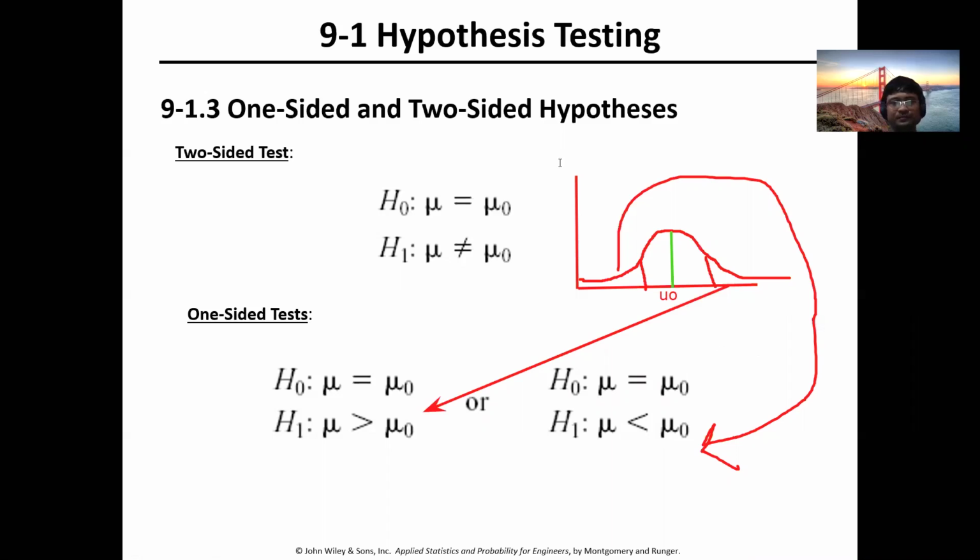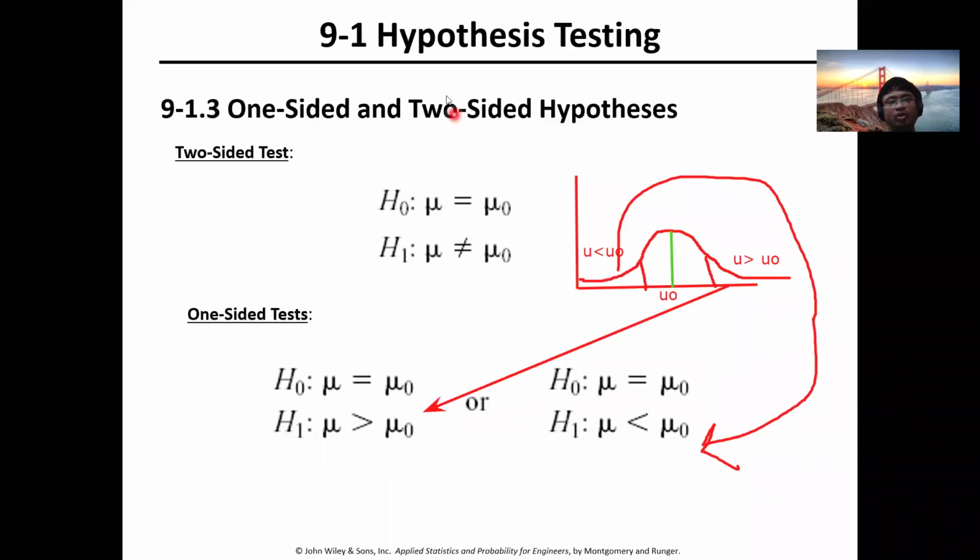So this point is mu greater than mu 0, and this point is mu less than mu 0. So that's why the terminology is used. This is a one-sided test. This is also one-sided.